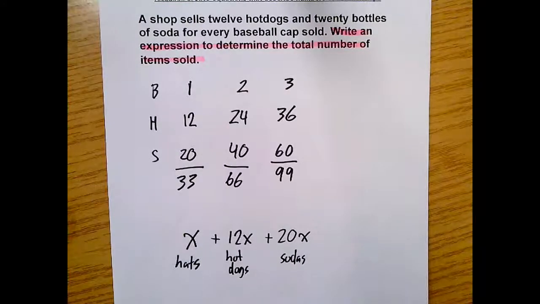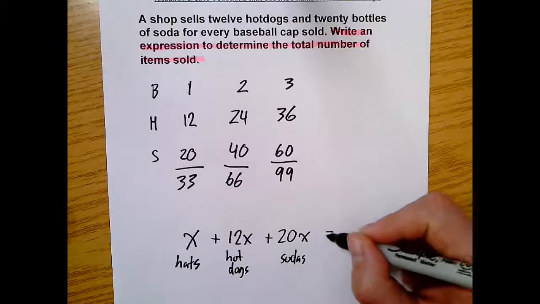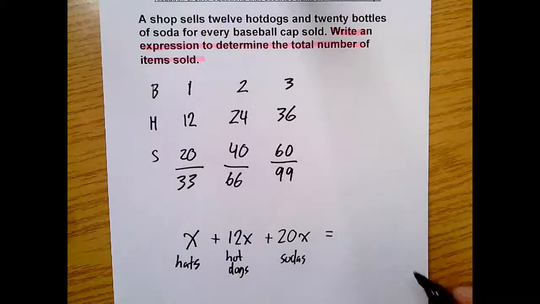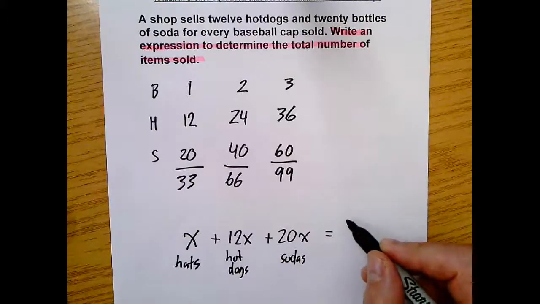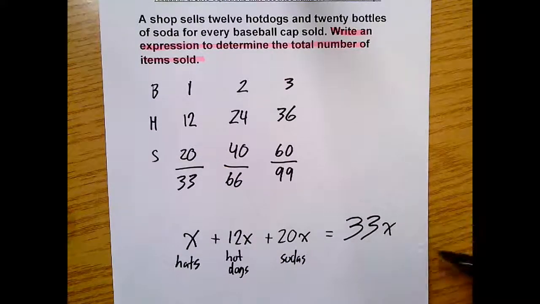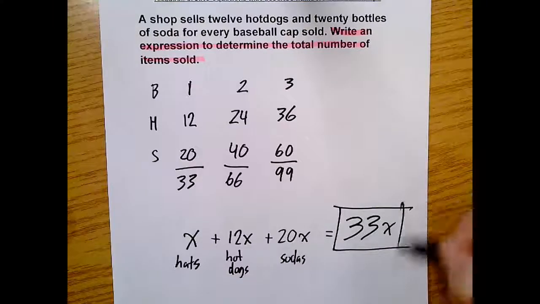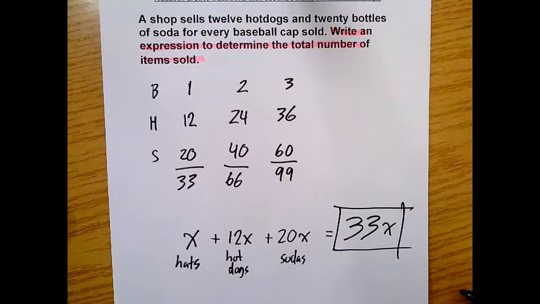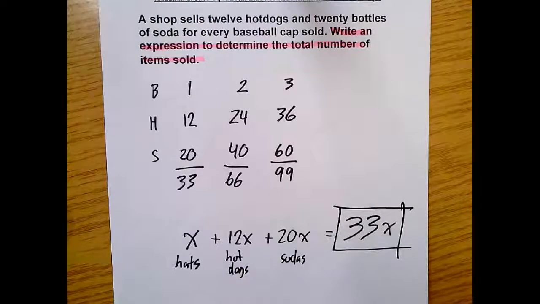Now you see for your expression, you only have one variable. Because you only have one variable, they are considered like terms, and we can add those up. And so your expression is just a very simple and elegant 33x. There you go. All right.